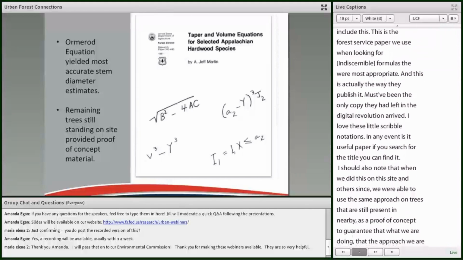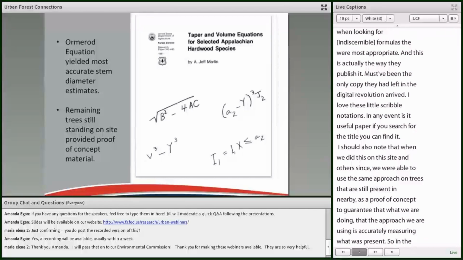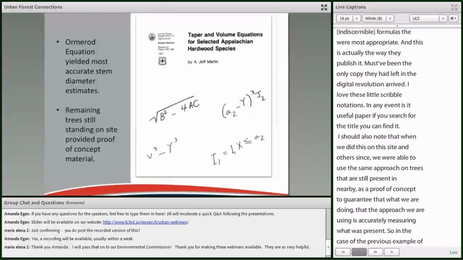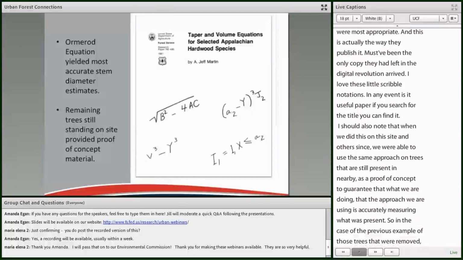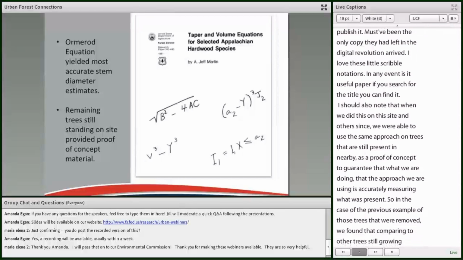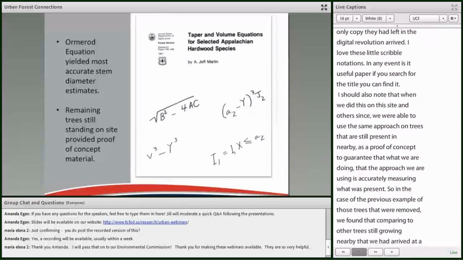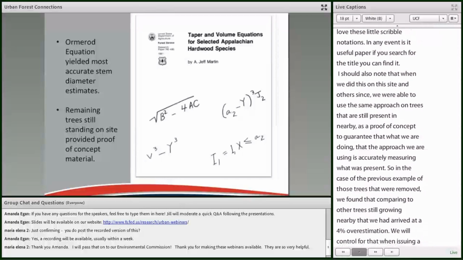So in the case of the previous example of those trees that were removed, we found by comparing to other trees still growing nearby that we had arrived at, I think, 4% overestimation. So we're able to control for that when we issue a fine and reduce the total fine by that same amount. It just lends an extra layer of credibility when proceeding with an enforcement action.